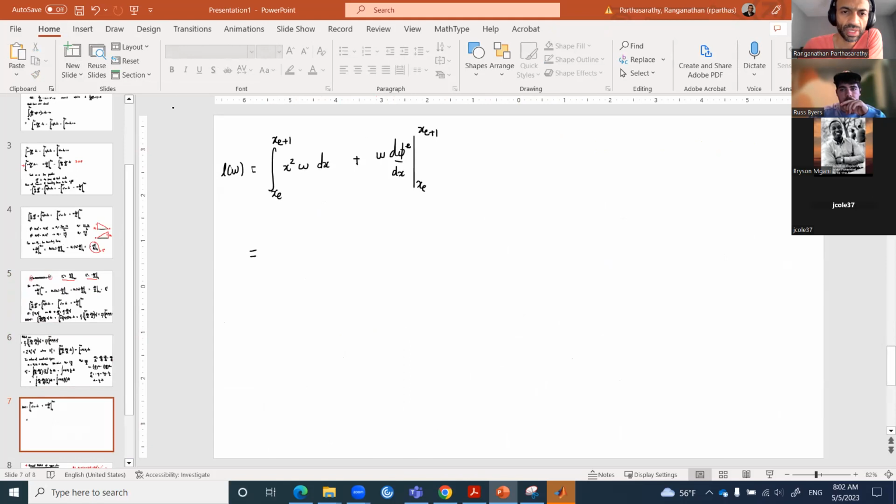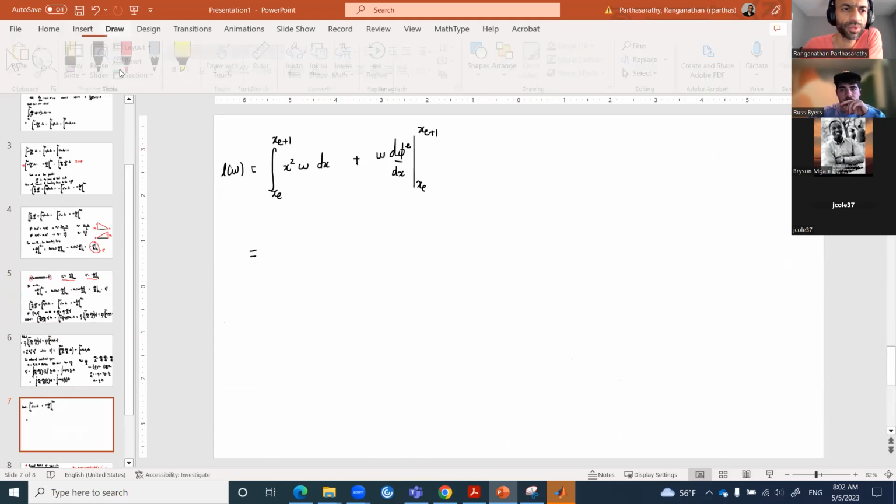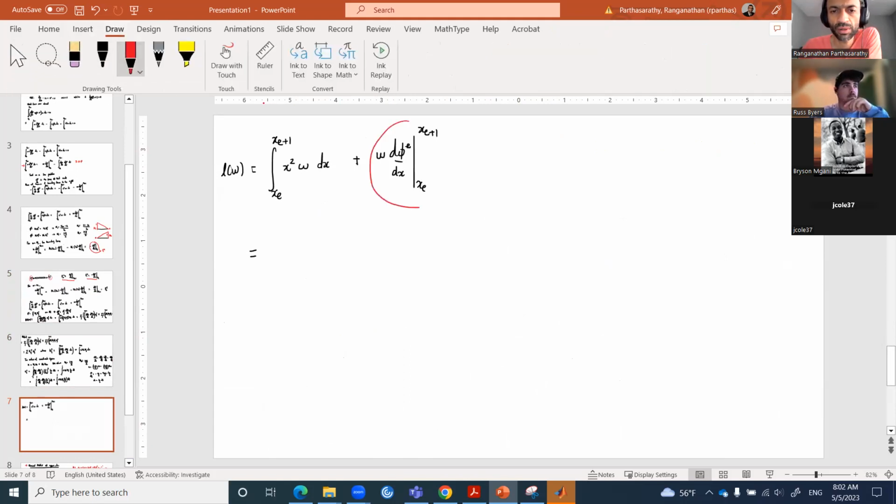So this will become the force term. This will become the boundary term separately. Fe, fi.